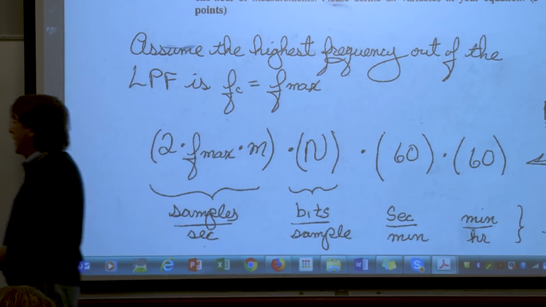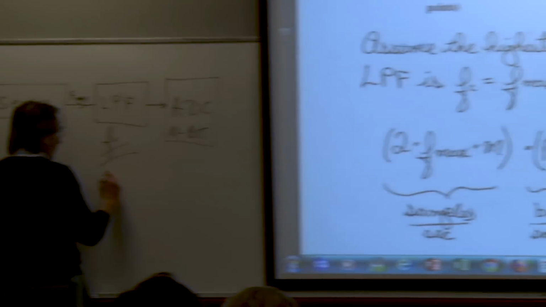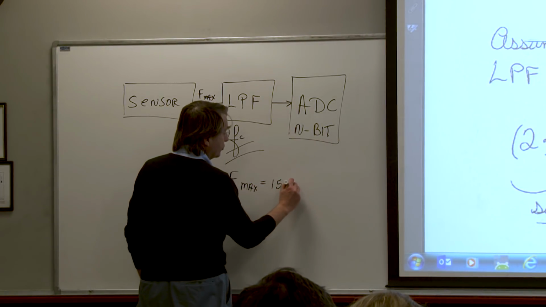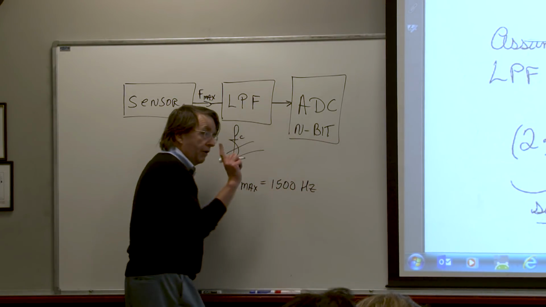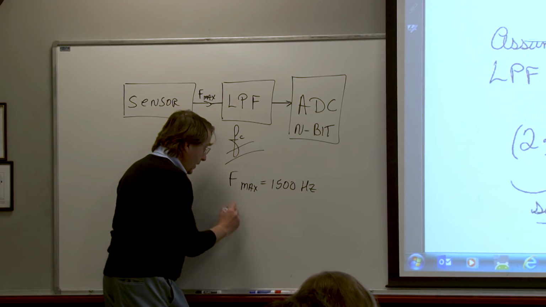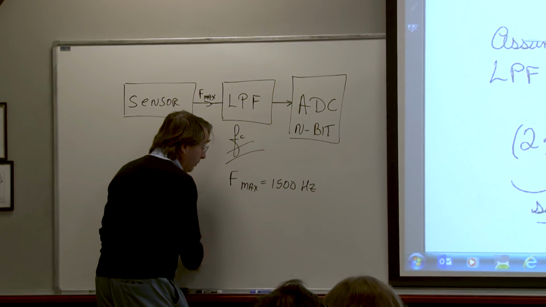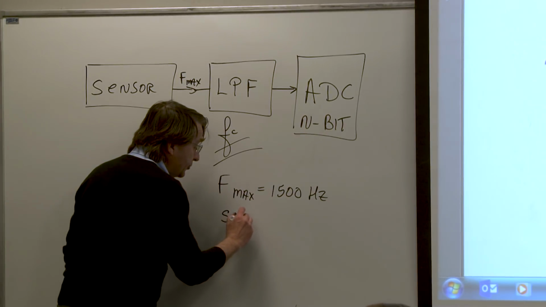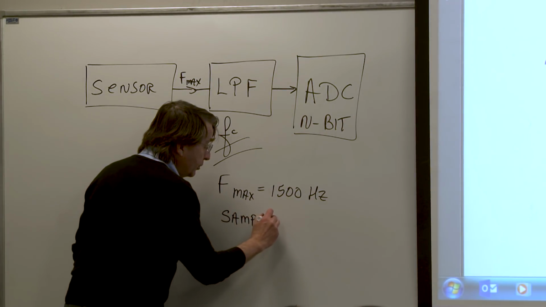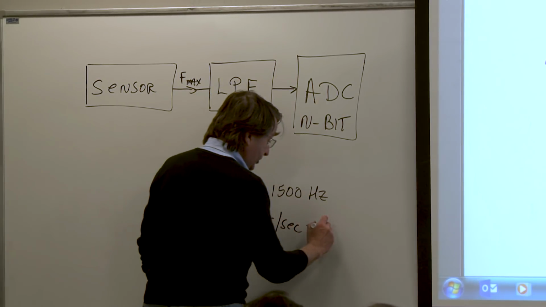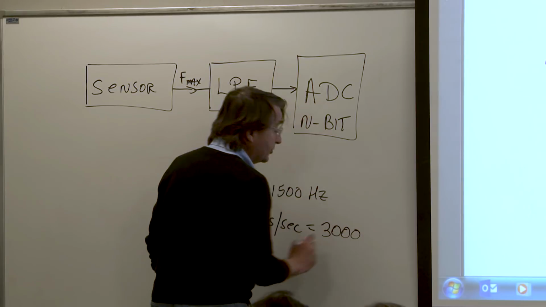Suppose f max was 1500 hertz. Forget the M. Ryan, what would be the minimum number of samples per second? Fantastic, Ryan. You nailed it. The minimum number of samples per second is then 3,000 samples per second.